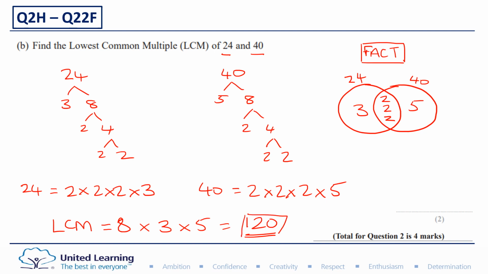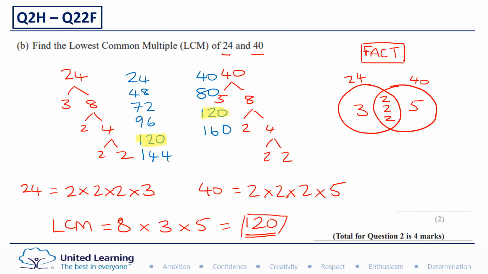We could alternatively just do listings, given the fact: list our multiples of 24 and list our multiples of 40, given it's a calculator paper, and then identify which is the first one that is common to both.